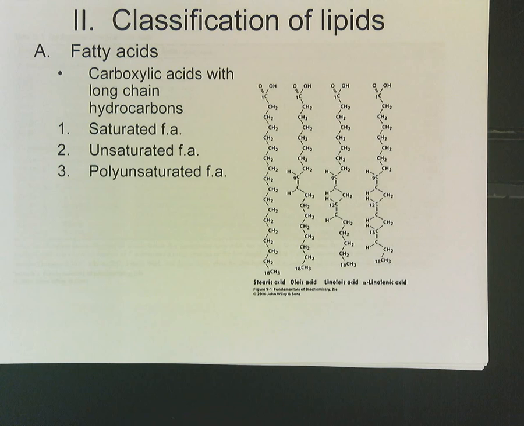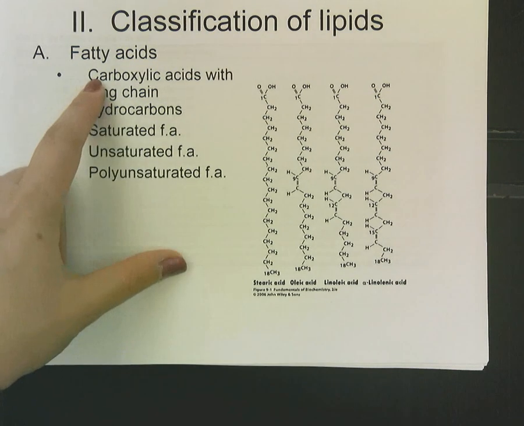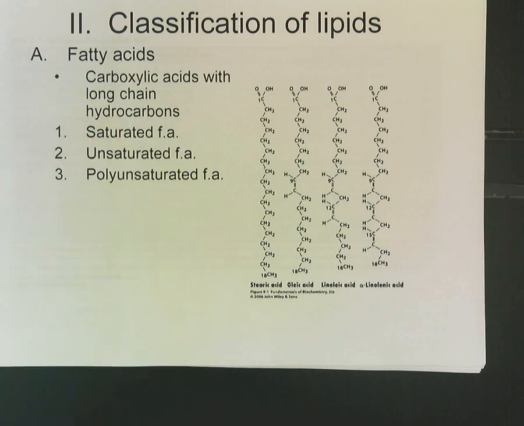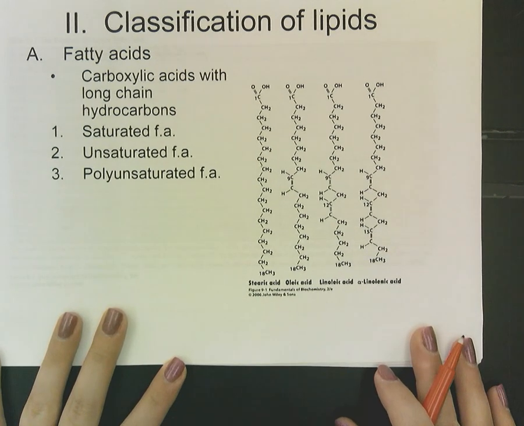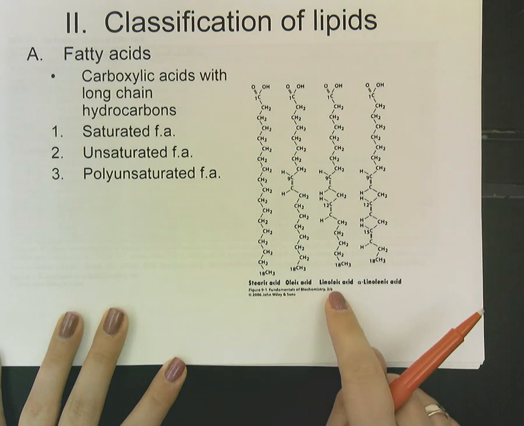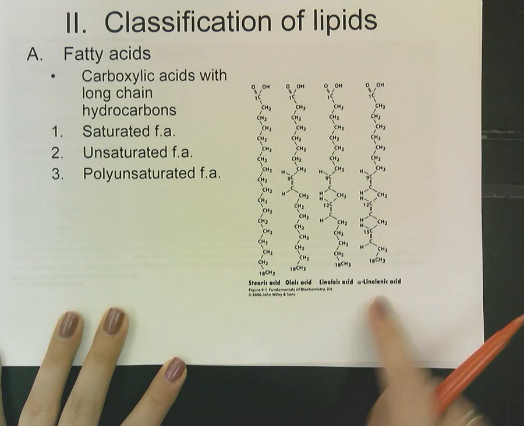So a fatty acid tells you that there is a carboxylic acid on one end and a long chain of hydrocarbons on the other end. So here are my four options of fatty acids. I have stearic, oleic, linoleic, and alpha-linolenic.